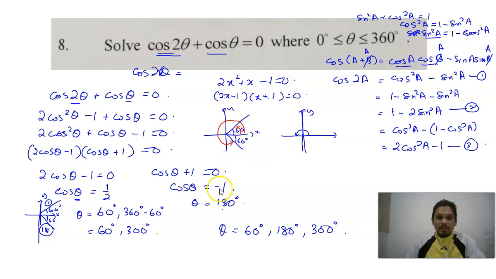For cos theta equal to negative, we're talking about angles in the second and the third quadrant, but 180 degrees is the border between the second and the third quadrant, so we consider this as one here. So three angles: 60, 180, and 300 degrees.